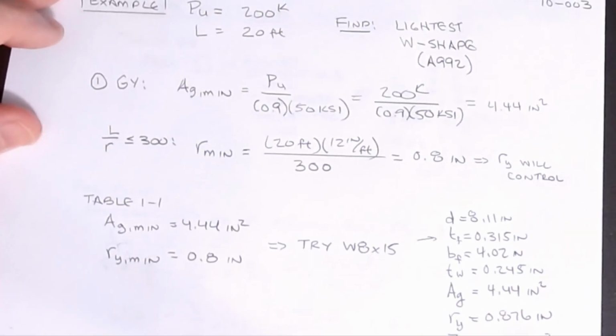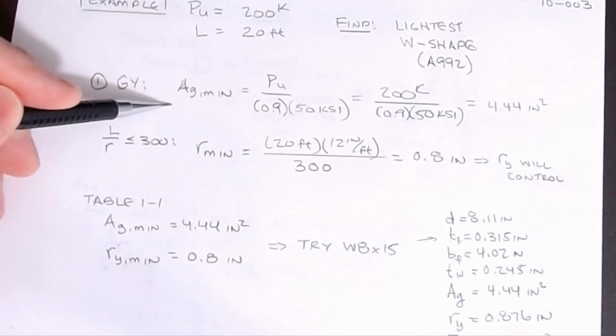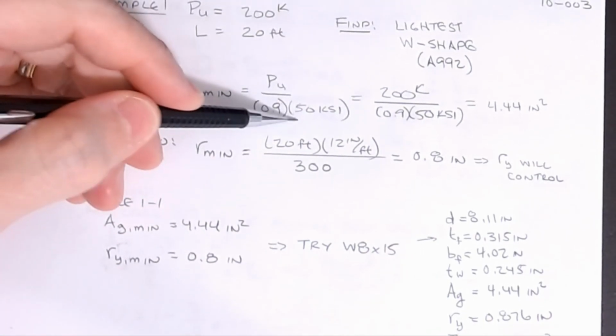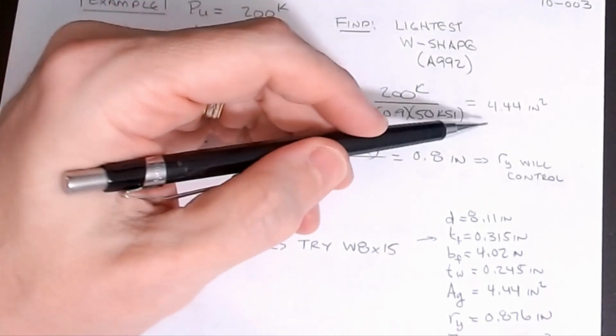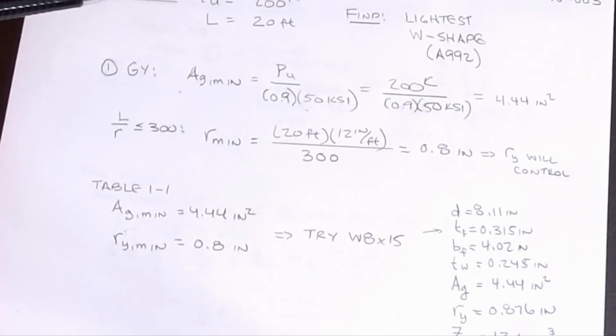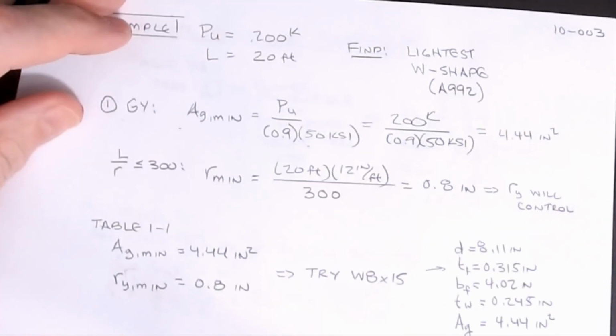So the first thing we do is calculate the gross yielding and find A_g minimum. I'm going to take P_u over 0.9 over 50, again, that's my F_y. If I do that, this says I need 4.44 square inches of steel as a gross area minimum in order to account for 200 kips in gross yielding.